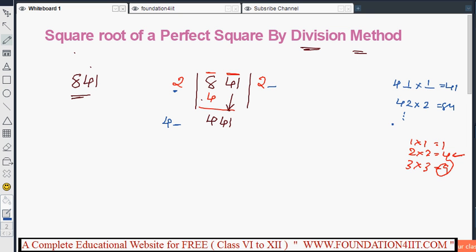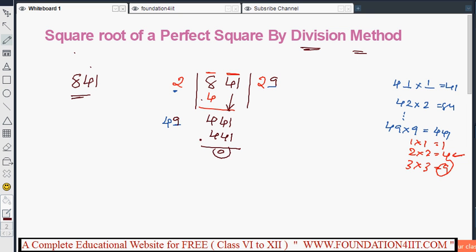If you keep going, if you write 49 nines are 441. So you need to keep the same number here and here always. So 49 nines are 441.